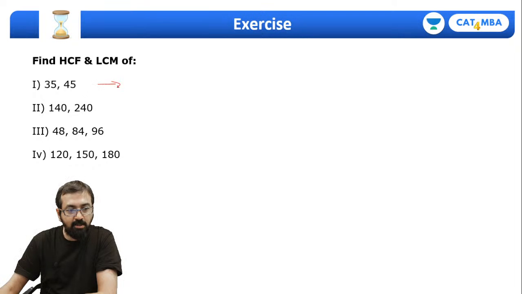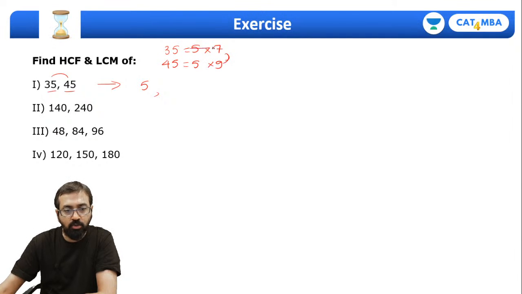Yeah, so guys, you need to tell me HCF and LCM of these numbers. What is HCF and LCM of 35, 45? The difference is 10, so of course HCF can't be more than 10. It has to be less than 10. By checking, you can make out HCF is 5. So 35 is equal to 5 into 7, and 45 is nothing but 5 into 9. Once again, you can see these two are co-prime. So LCM is 5 into 7 into 9.